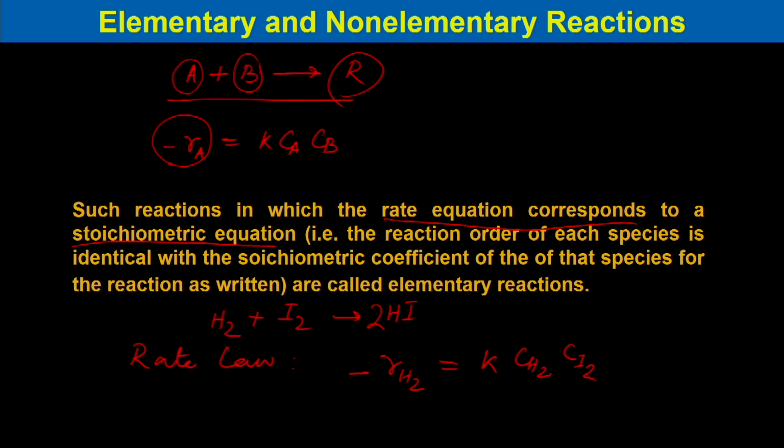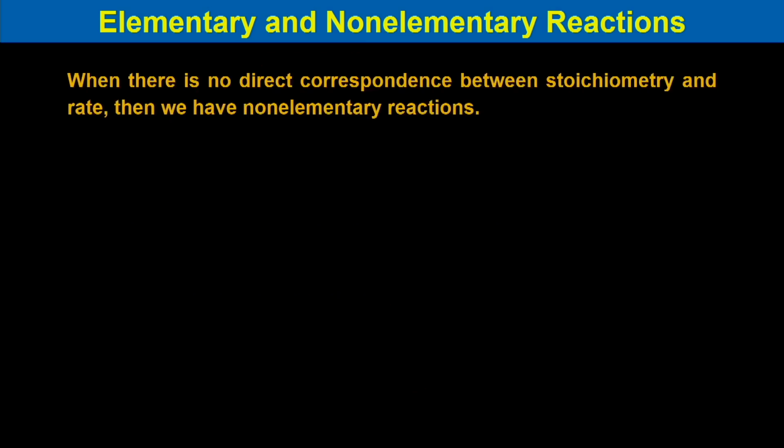That means this relation corresponds to the stoichiometric coefficients of the overall reaction. When there is no direct correspondence between the stoichiometry and the rate, we call the reaction a non-elementary reaction.